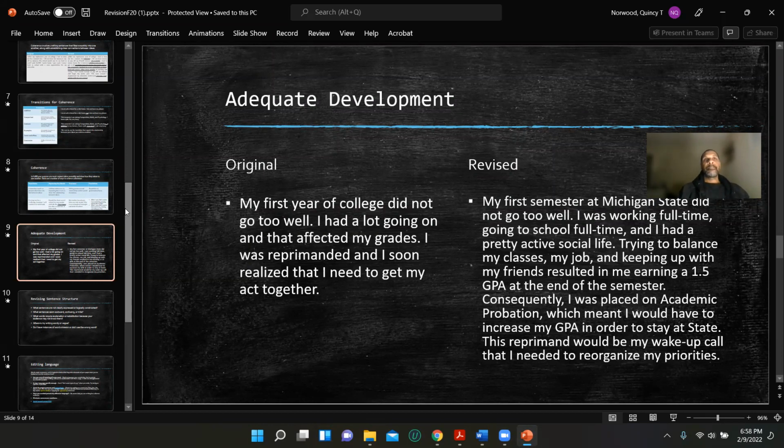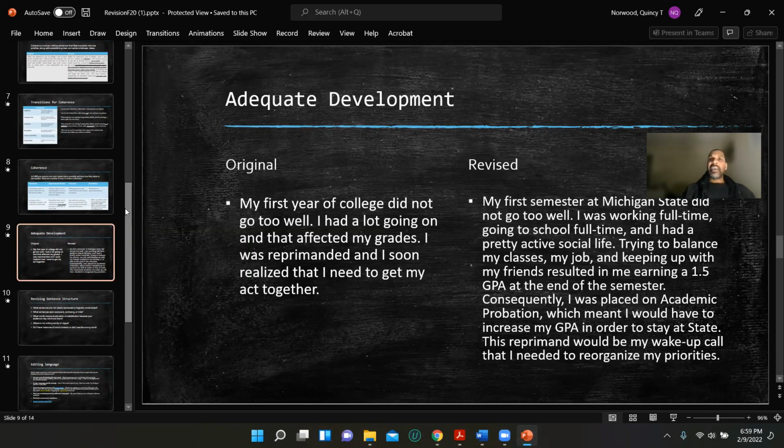My first year of college did not go too well. I had a lot going on and that affected my grades. I was reprimanded and I soon realized that I needed to get my act together. That says a lot, but it doesn't say a lot, if that makes sense.